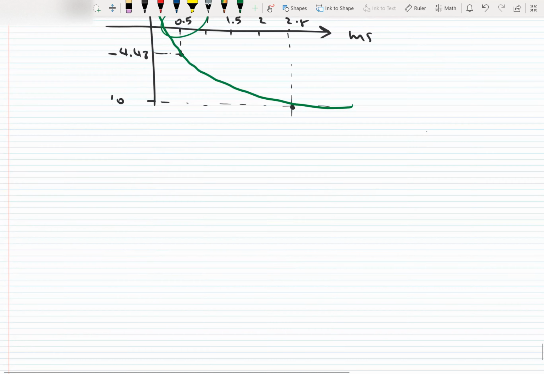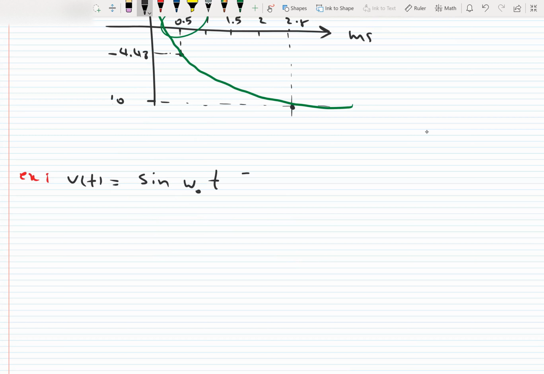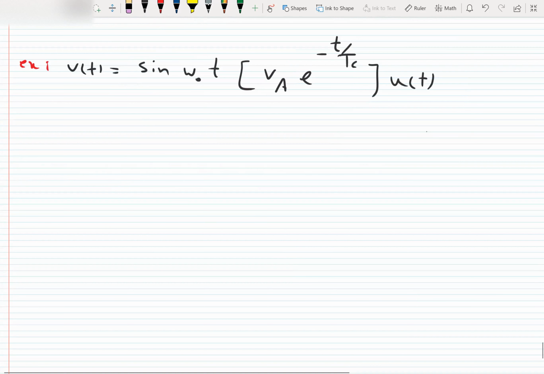The next example is sketching this signal. v of t is equal to sine of omega 0 t times VA e to the power of negative t over tc times u of t.